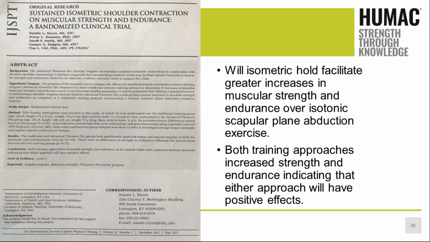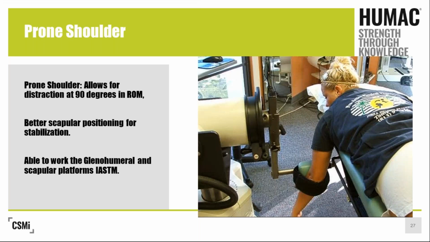What they found is that both training approaches increase strength and endurance, indicating that either approach will have a positive effect. So in that shoulder abductor scapular plane position, isometric and/or isotonic exercises are both beneficial. So we need to use those appropriately.